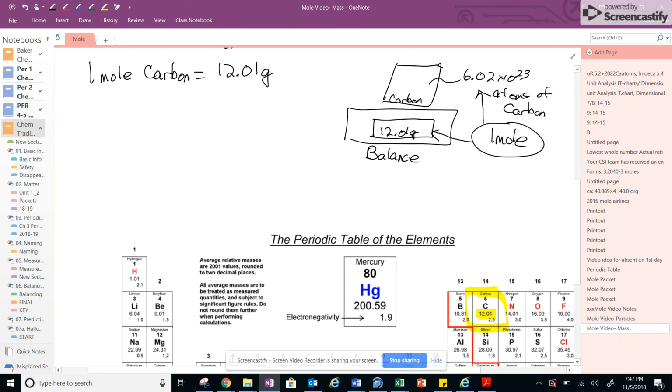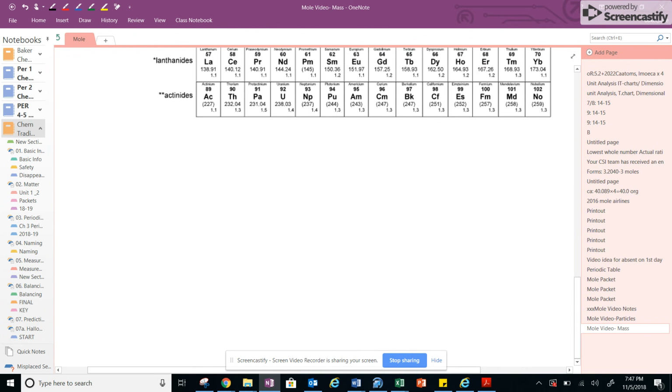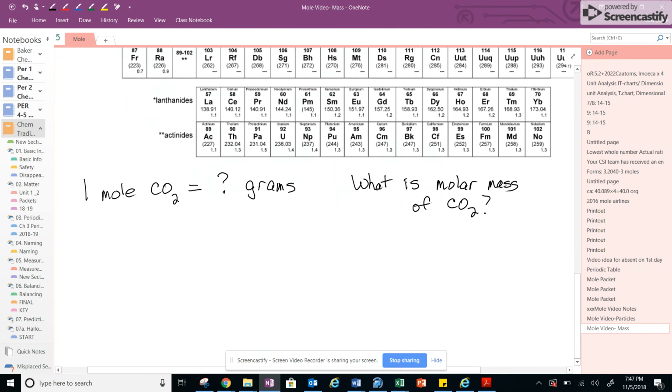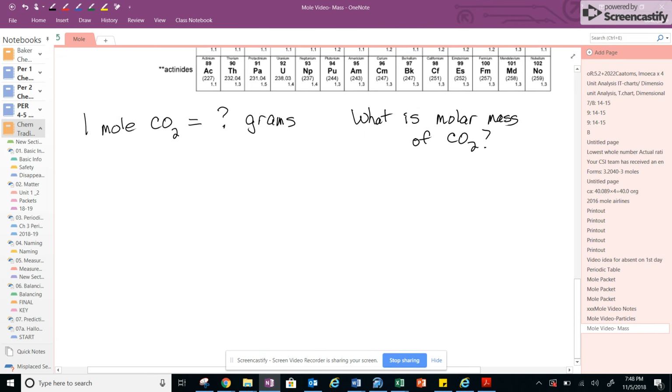So what would I do then? What if I had a substance, though? What if I had 1 mole of carbon dioxide and I wanted to know how many grams it is? Or in other words, what is the molar mass of carbon dioxide, the number of grams in a mole? Carbon dioxide's not on my periodic table, only elements are.